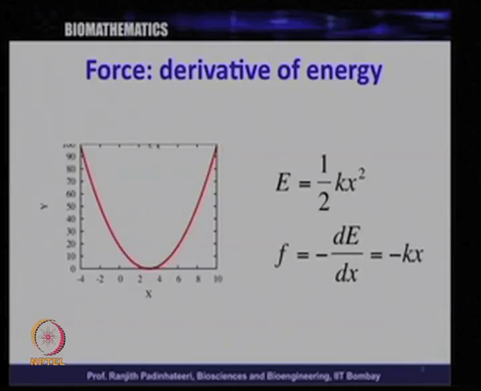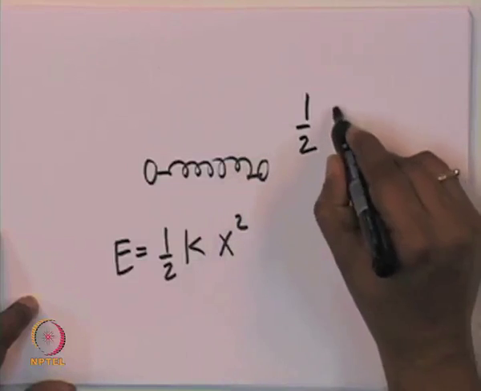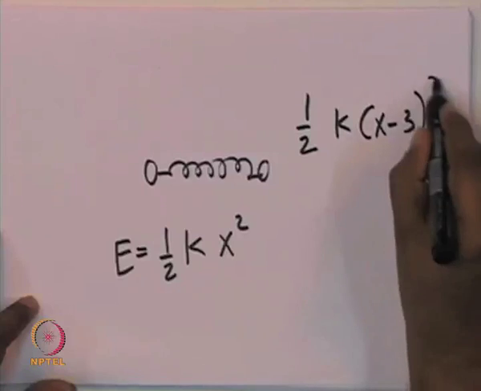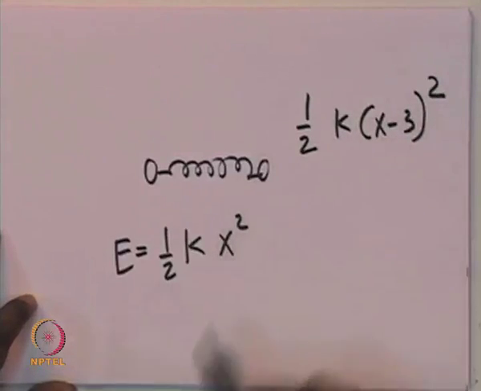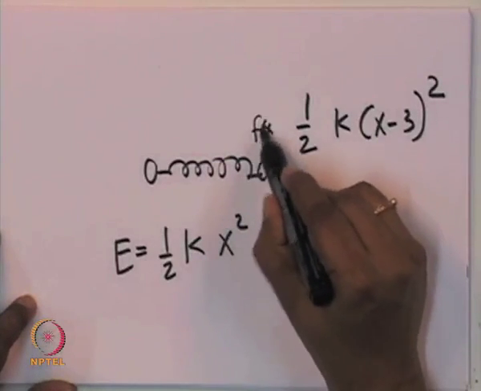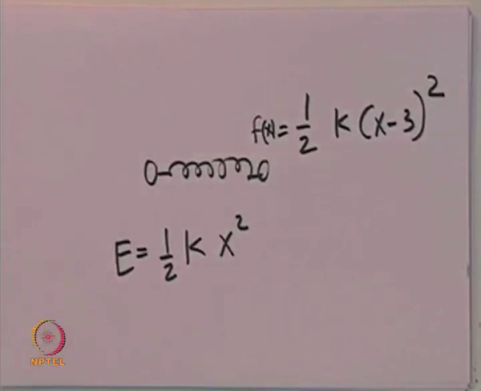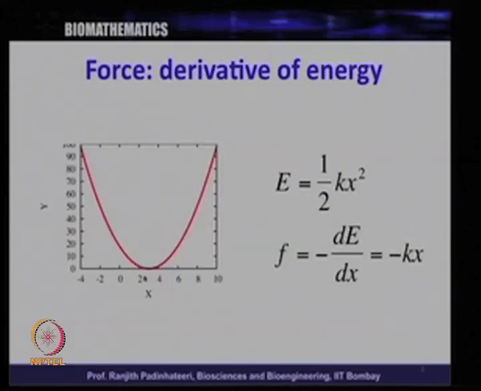What is shown here is a plot of half k into x minus 3 whole square, something we discussed in the last class, which has a minimum at x equal to 3. If you find the derivative of both these functions, you will get a function which looks like k times x.